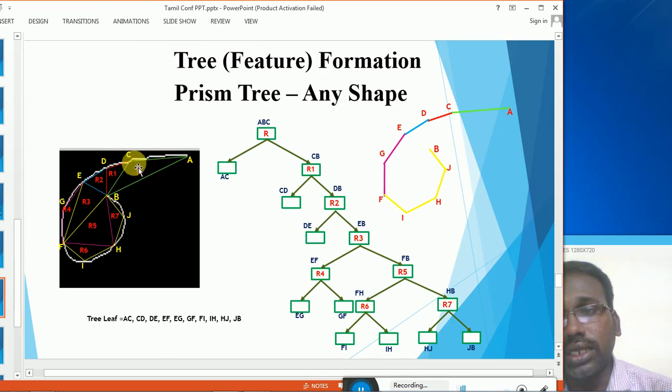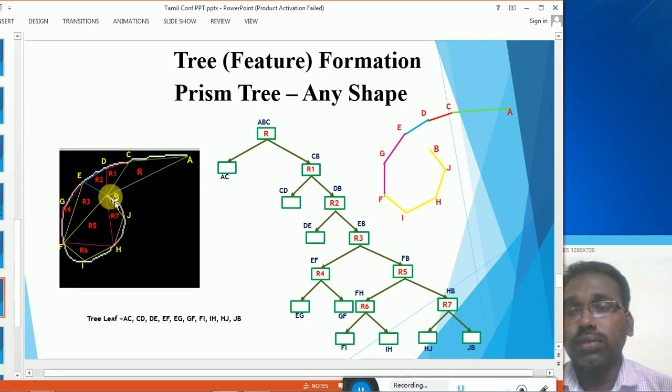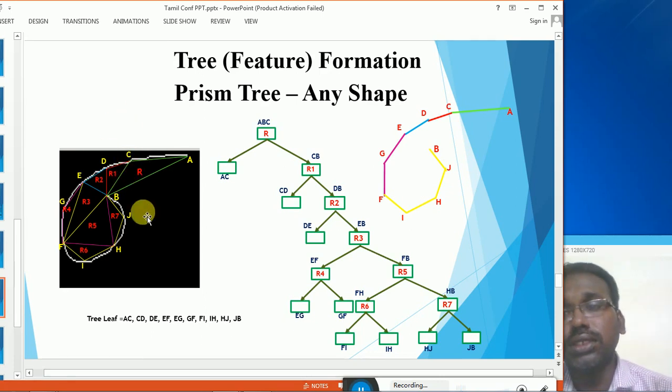Here we have the adjacent points C and A, that is, the line C-A on the character structure. We cannot go for further triangle formation here, but we can form another triangle elsewhere and continue the same procedure.